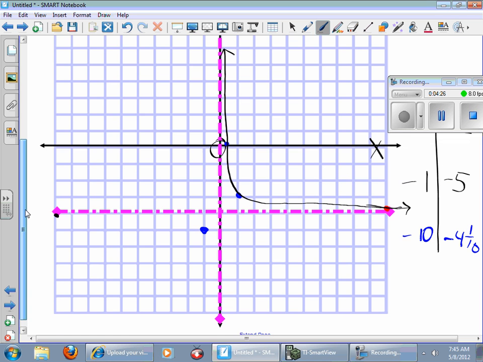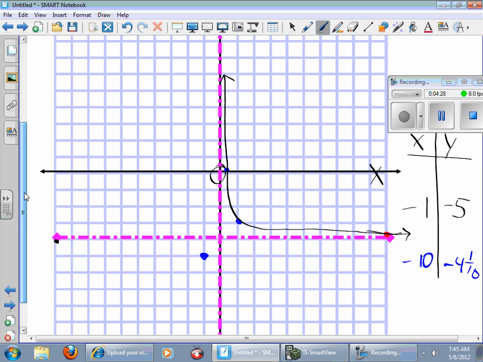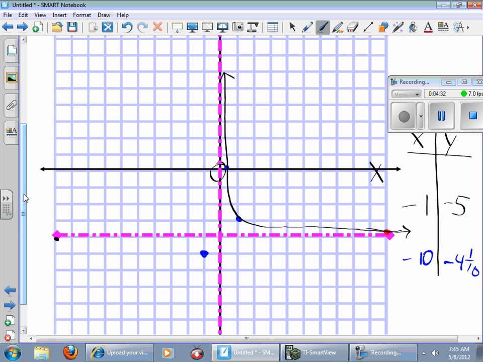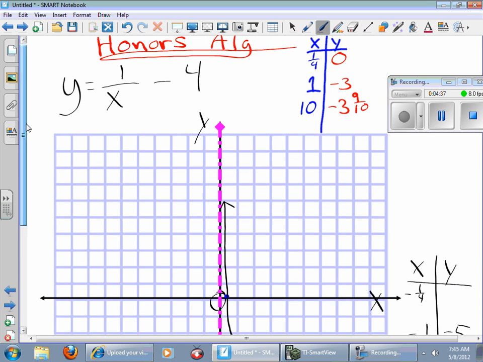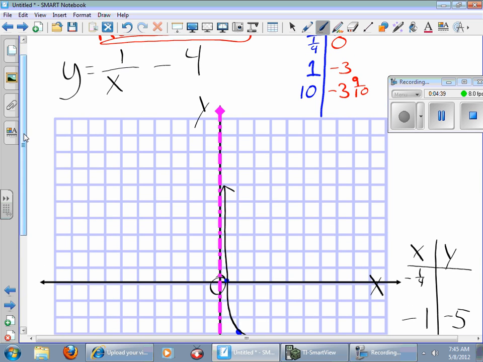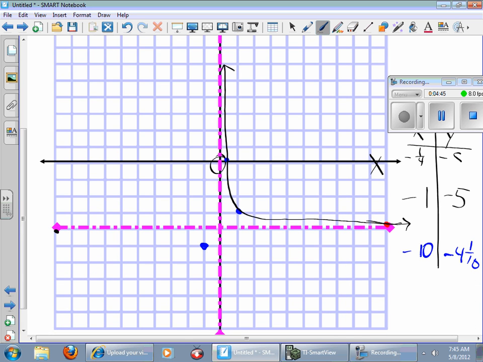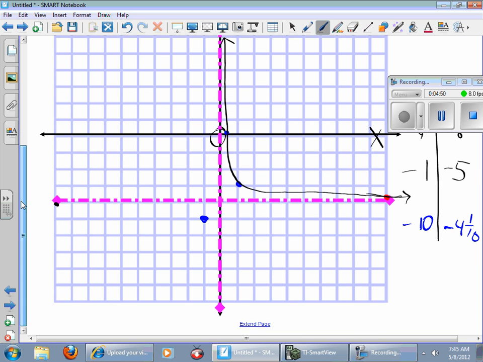And then when I put a number very, very close to 0, but on the negative side, like say -1/4, all right, I'm going to end up with -4 minus 4, which is -8. And so I'm going to end up, let's see, 10, 9, 8 down here.